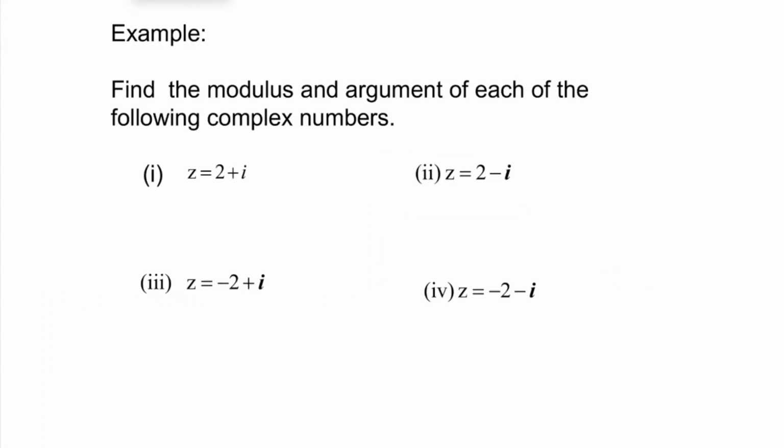Example, find the modulus and argument of each of the following complex numbers. The value of argument depends on which quadrant the complex number is located on an Argand diagram.